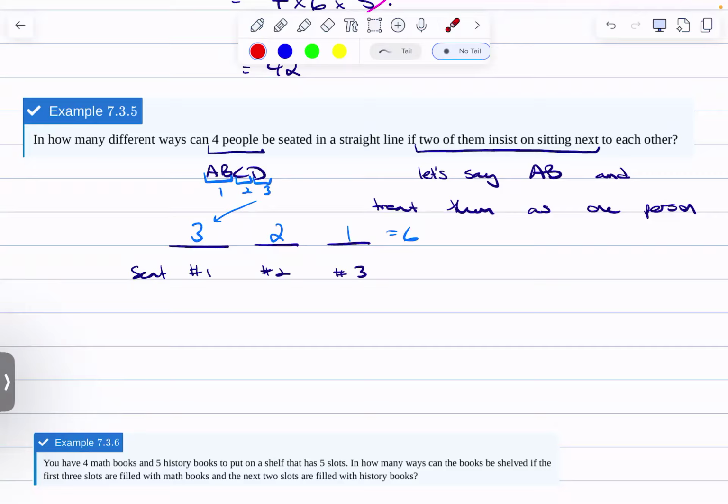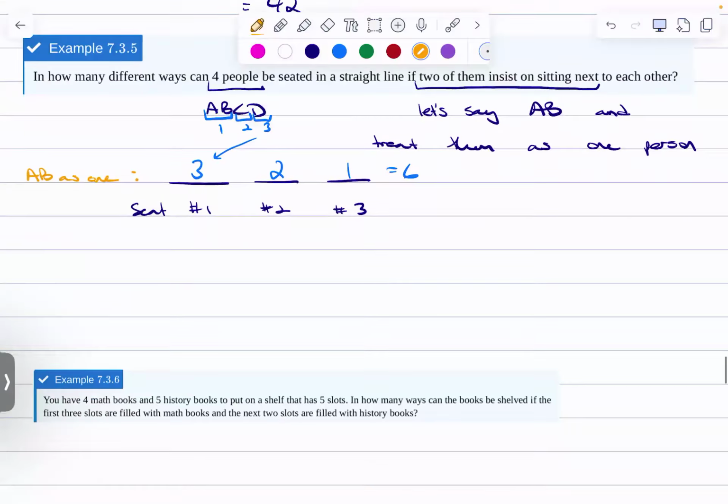Which means I have 6 total options. What we need to consider is that this was thinking about A, B in that order, right? But they might say, hey, no, I want to sit on the other side, right? And so here, this is with AB as 1. What about, or we could have BA as 1.